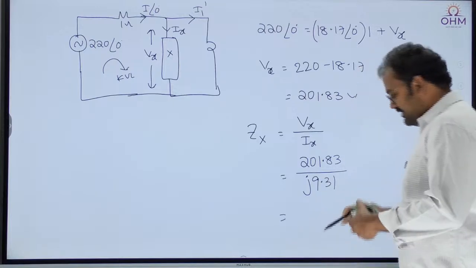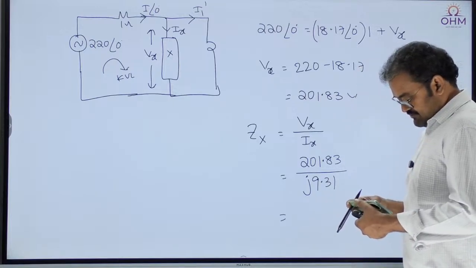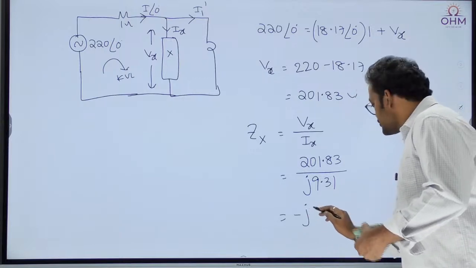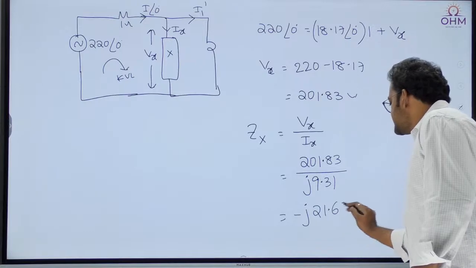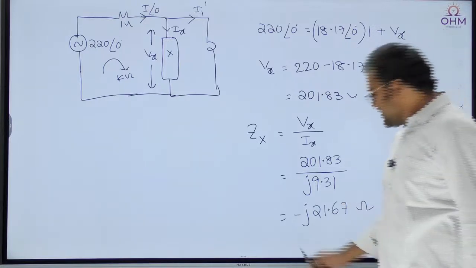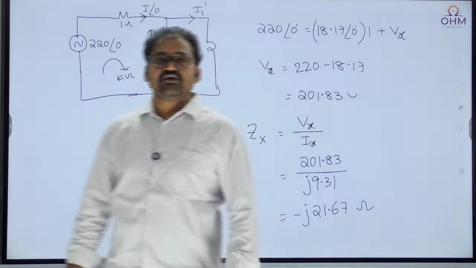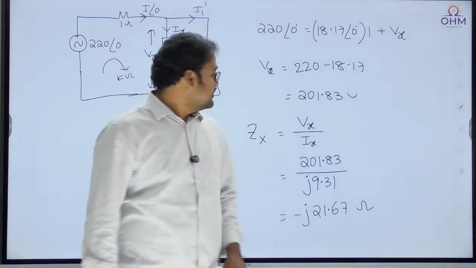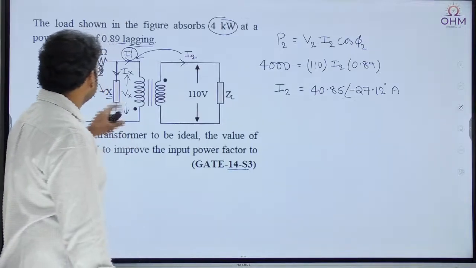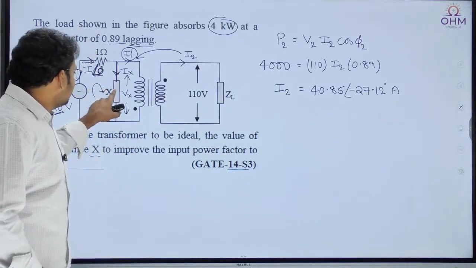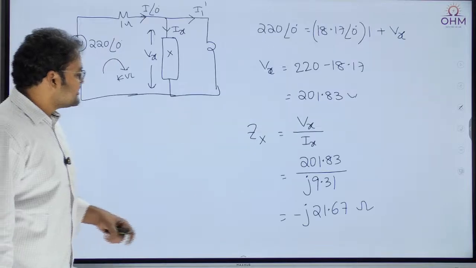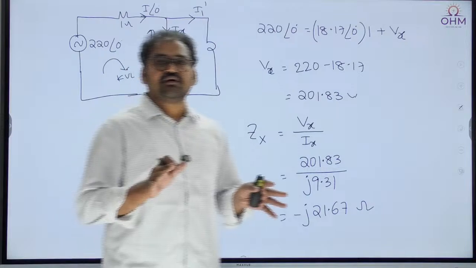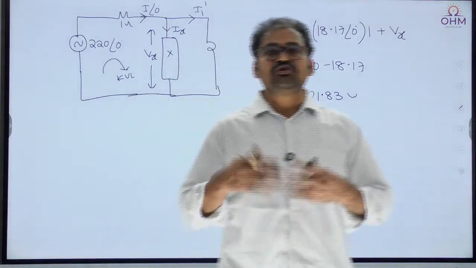So if you complete it, minus j 21.67 ohm, and that negative reactance represents that X is a capacitor. You just need a capacitor as a reactance here. What is the value of that capacitor reactance? It was 21.67, so that the overall power factor can be improved to unity.